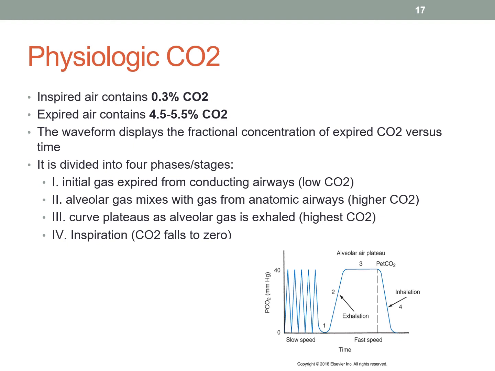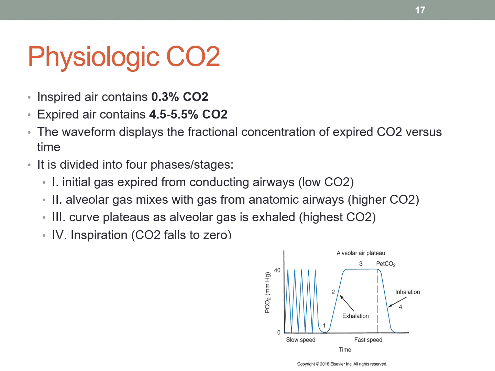Then the alveolar gases mix with the gases from the anatomic airways, so that would be your phase 2, and you have a higher CO2. Then phase 3 is your alveolar plateau, where you're going to have your highest amount of CO2.